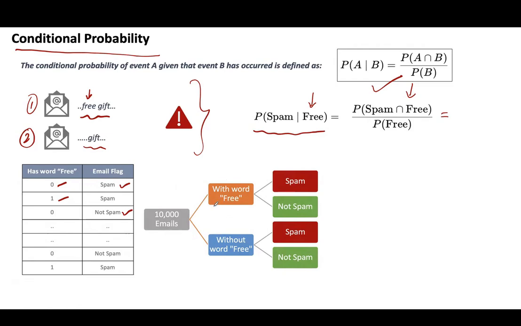That is where we'll arrive at these two subgroups. Further, for each of these subgroups, we will want to know how many of the emails were spam or not spam. Just to give you a perspective, I'm also going to show you the numbers that we achieve once we start breaking down this number of 10,000.